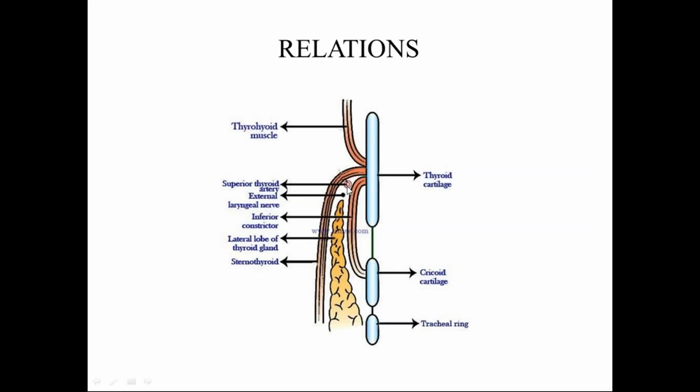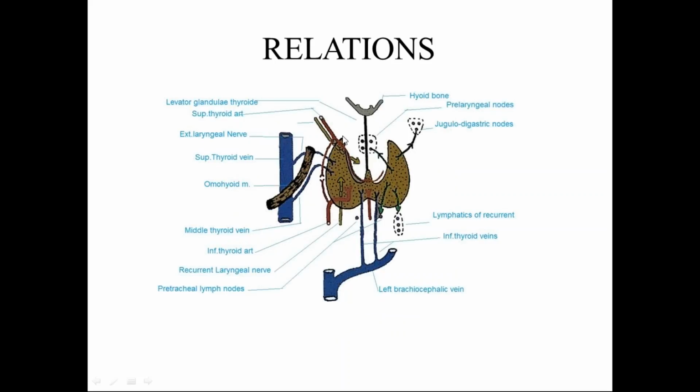As you can see here, this is the superior thyroid artery and this is the external laryngeal nerve. You can see in this picture also the apex of the gland is related to one artery and one nerve. The artery is superior thyroid artery and the nerve is external laryngeal nerve.